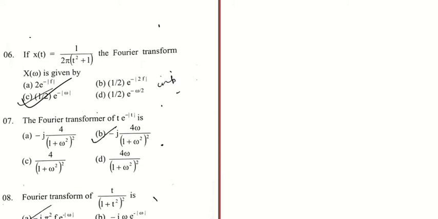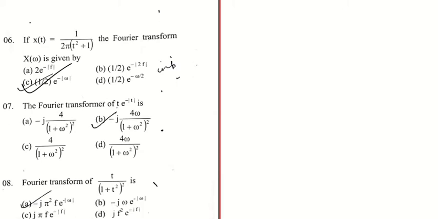Now we'll see the next question: the Fourier transform of t into e raised to minus modulus of t. In the previous question we saw what the Fourier transform of e raised to minus modulus of t was. It was 2 divided by 1 plus omega square, right? And now we have to find out the Fourier transform of t into e raised to minus modulus of t. So we are going to recall the property of the Fourier transform, that is, x of t having Fourier transform x of omega.